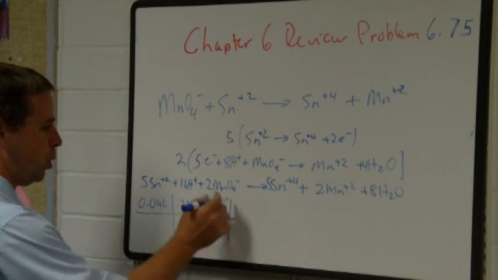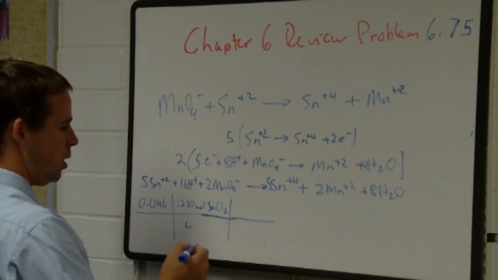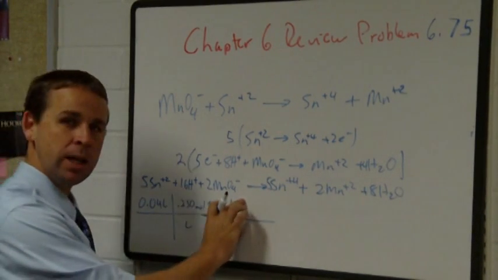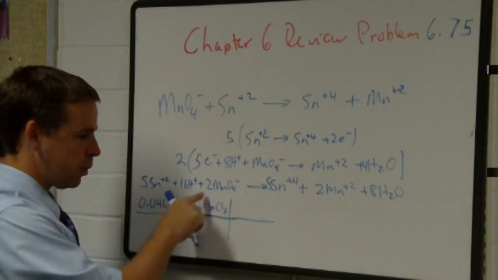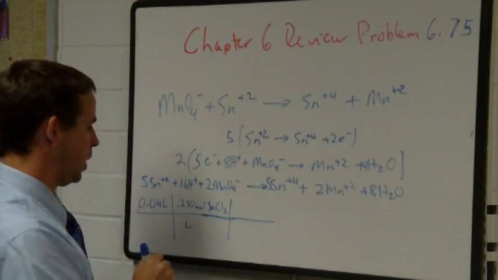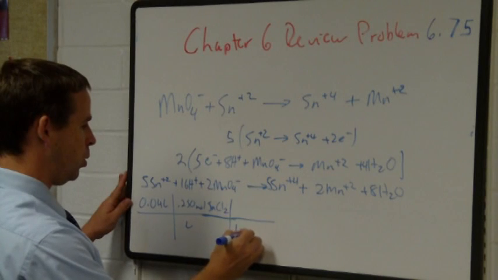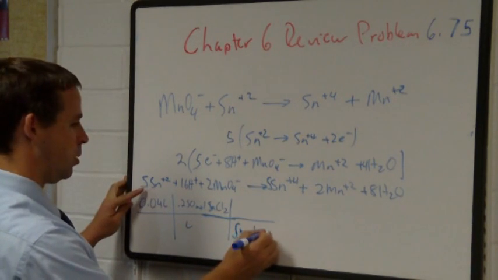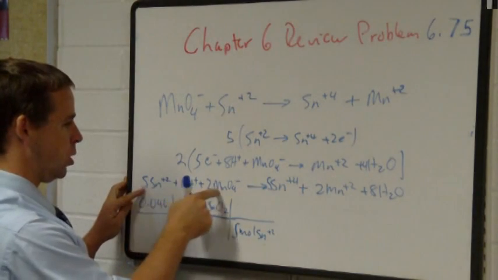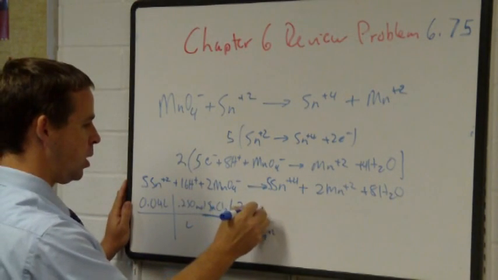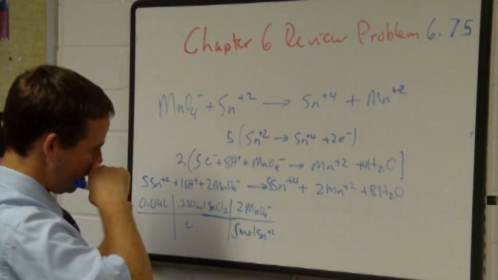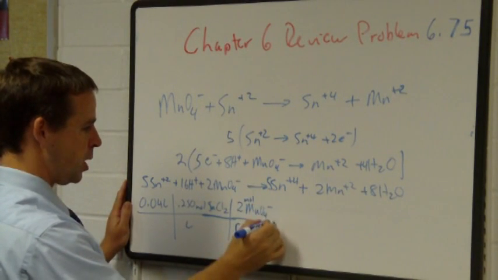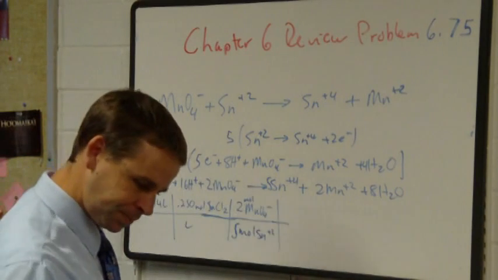All right, so now we're in moles of tin chloride. For every 1 mole of tin chloride, there's 1 mole of tin. And for every 5 moles of tin plus 2, 2 moles of MnO4 minus ions are consumed.